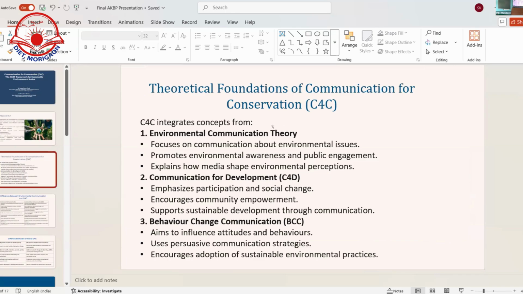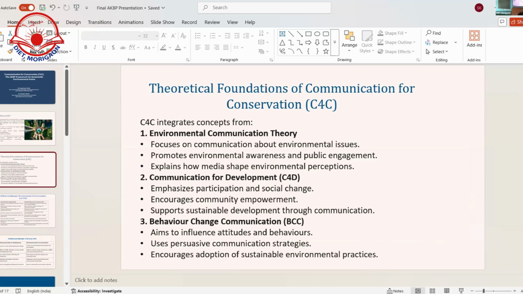To talk about the theoretical foundation of communication for conservation, I have to mention three theories. One is environmental communication theory, another is communication for development, and third is behavioral change communication. All these already exist, and environmental communication has its own domain where it focuses on communication about environmental issues.